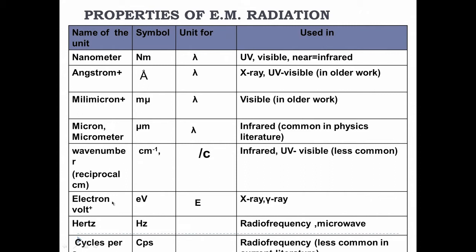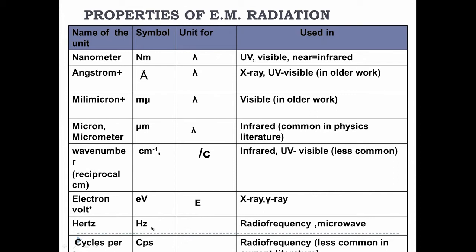This is very weak in visible radiation, but in X-ray and gamma rays the energy of the electrons and particles is described in electron volts. And then for radio frequency and microwave frequencies, we describe the electromagnetic radiation in terms of hertz.